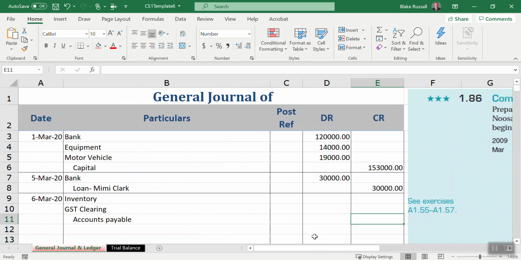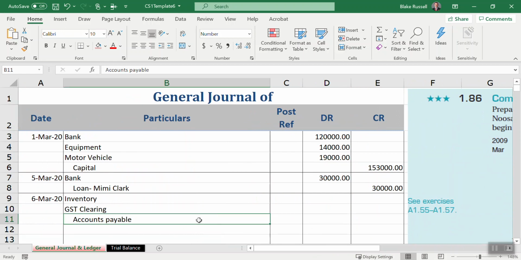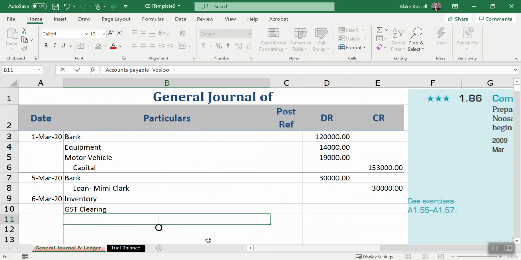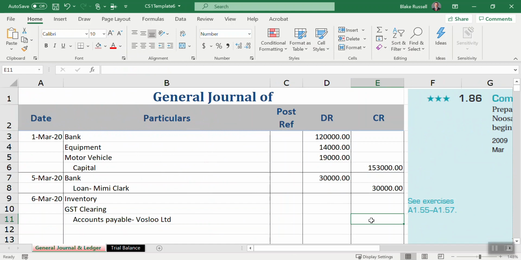So we owe this company Voslu. Name the company after it. We owe them $55,000. How they distribute it is what they do with it.